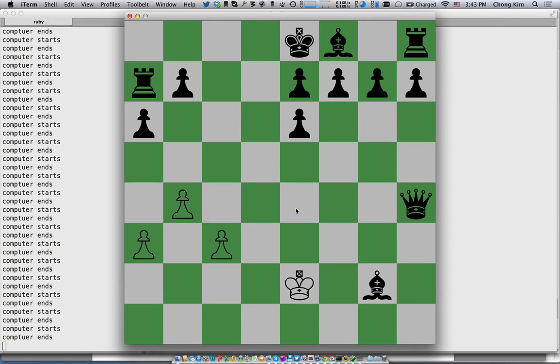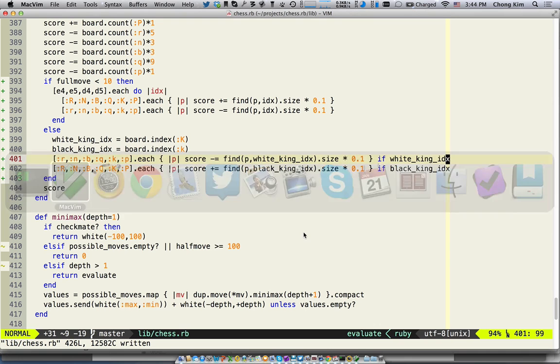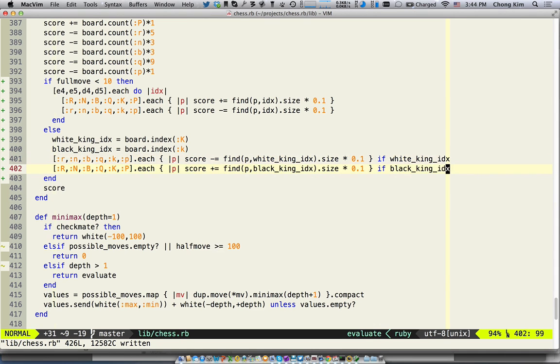It still doesn't consider it. It considers it pretty much the same value. So what we really need to do is go in here and increase the depth. So this is going to take a little longer. I'm going to change it to 2, and let's see how it plays. It will take a little bit longer.